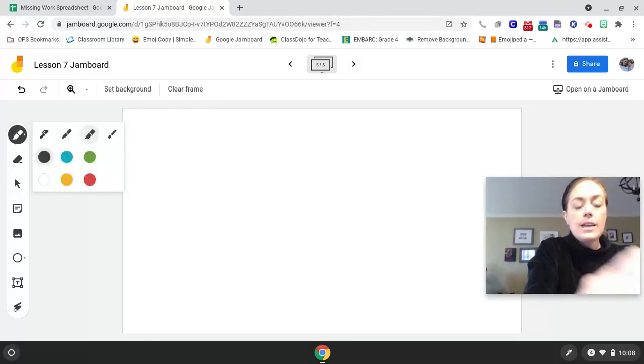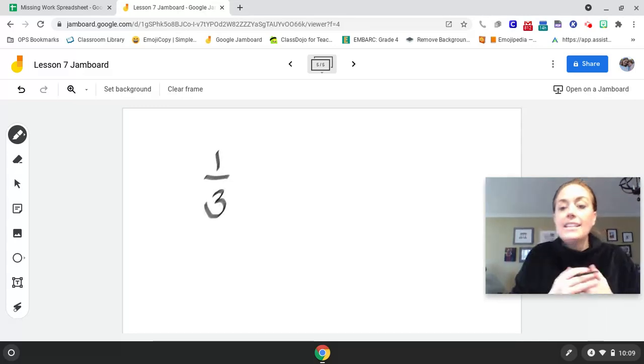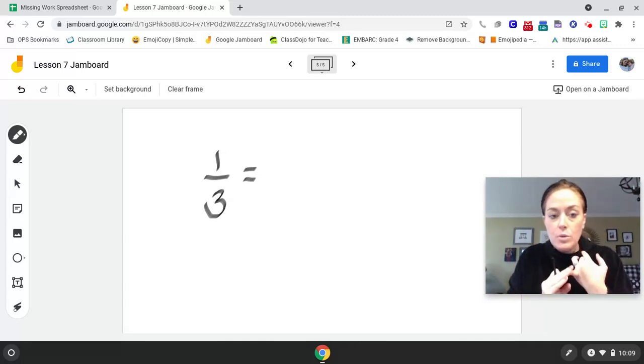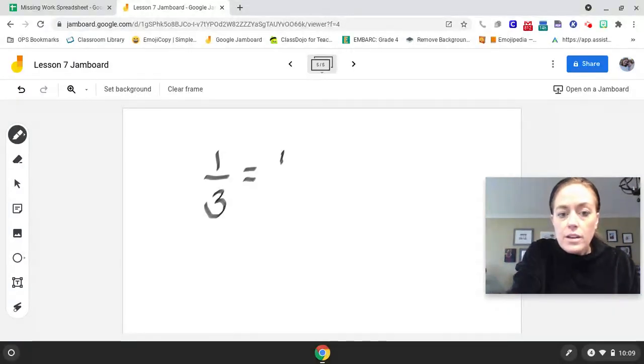So let's go ahead and just draw 1/3. And now, without doing an area model, let's come up with a different fraction. We've already multiplied it by 2, and we've already multiplied it by 3. So let's just go ahead and multiply by 4 and see what happens. So if I do the top by 4, I also have to multiply my denominator.